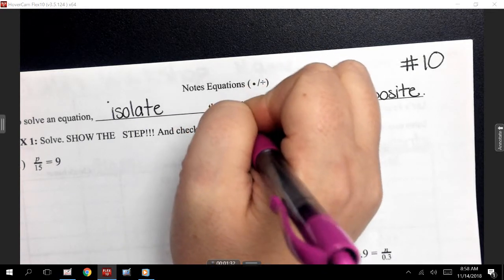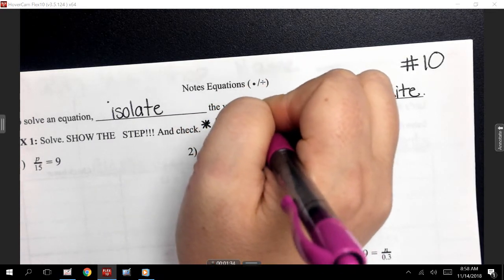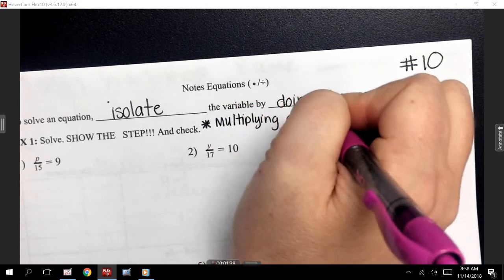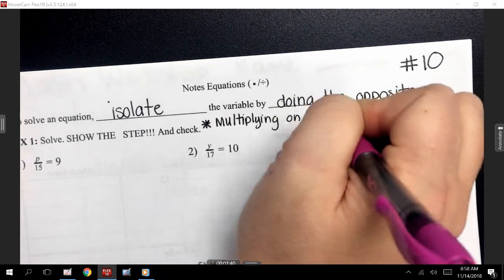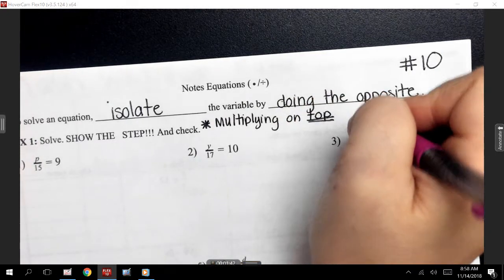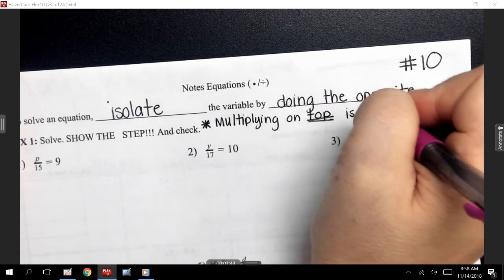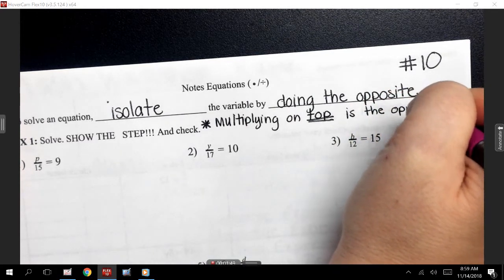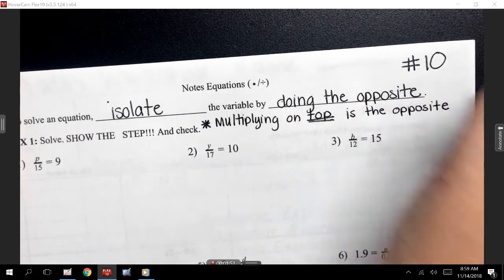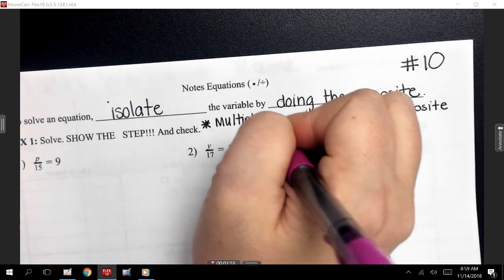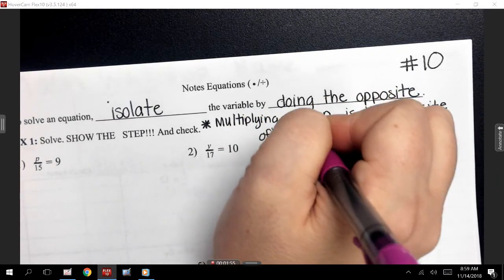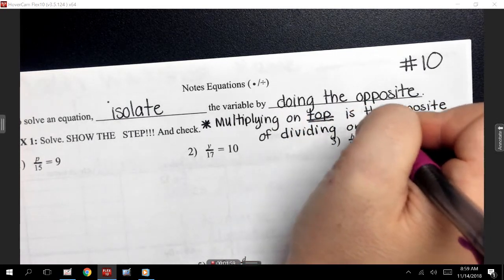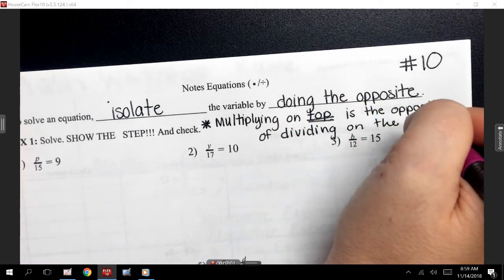That when you're multiplying on top, and I'm going to underline on top, is the opposite of dividing on the bottom.